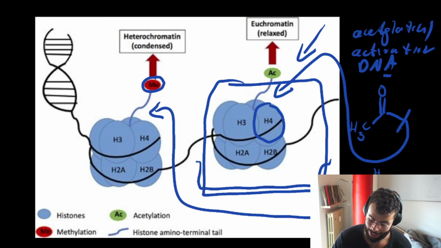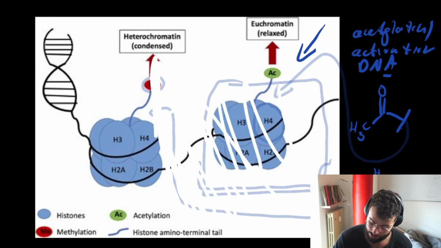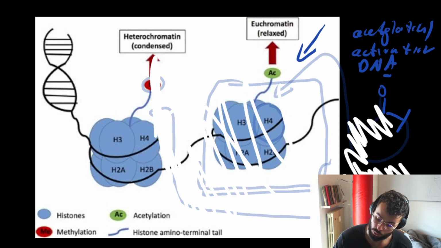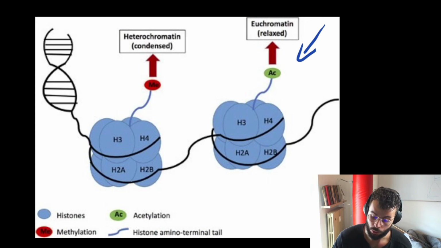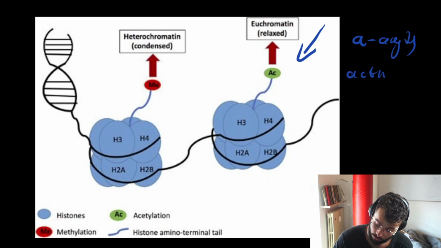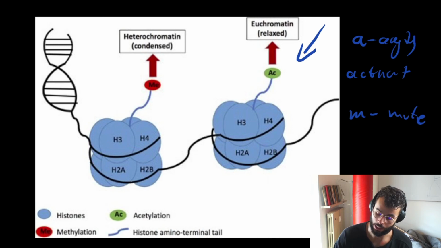Now, if you have acetylation, you obviously have deacetylation. And when you deacetylate something, you mute it again. When you acetylate it, you activate it. You can remember it from A for acetyl for activation, and M for methyl for mute and deactivation.